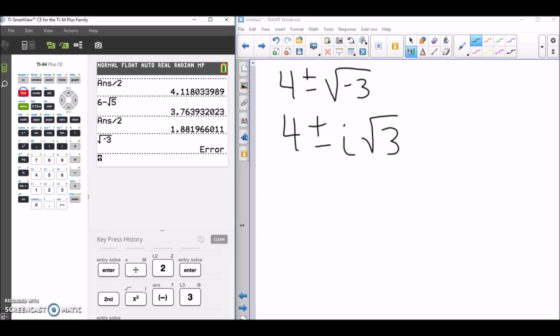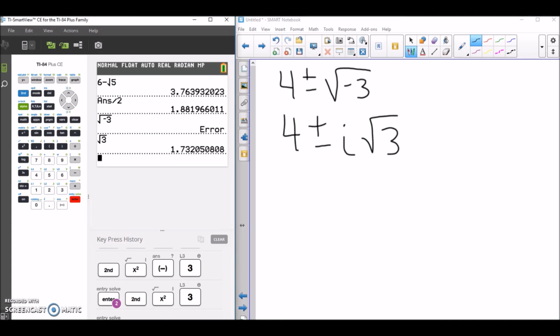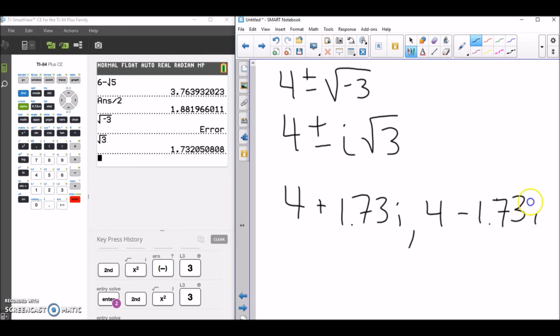Now, do we know what the square root of 3 is? Absolutely, 1.73. So what would this look like if we added 4 plus 1.73i, if we subtracted 4 minus 1.73i?